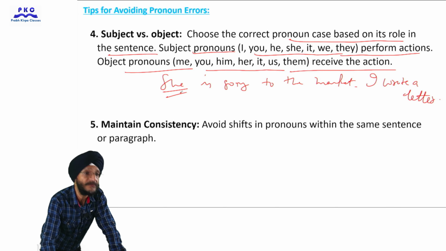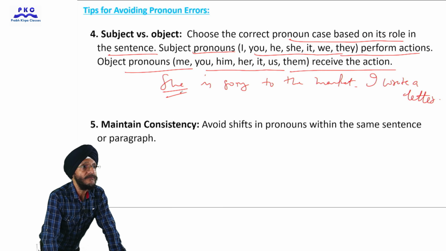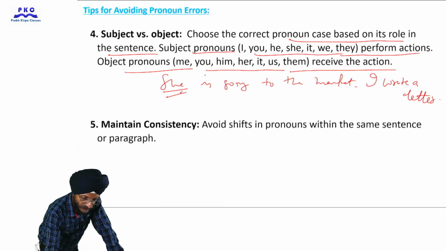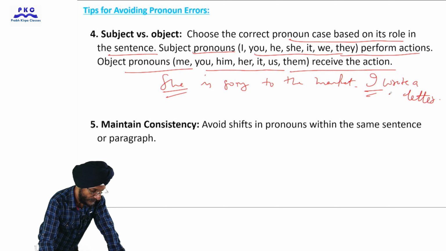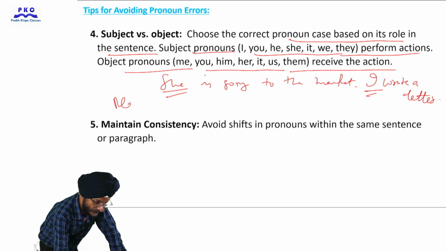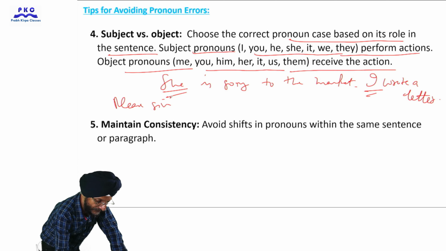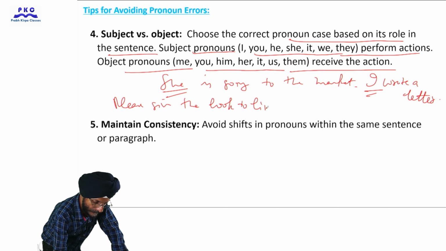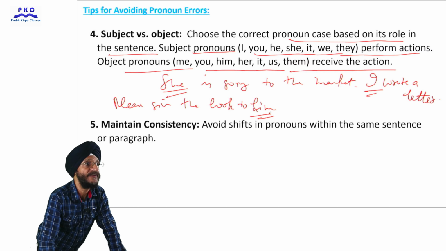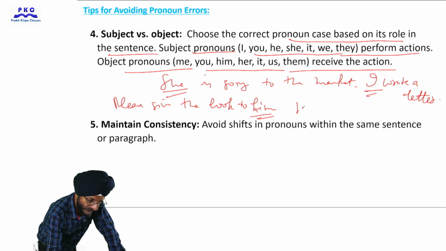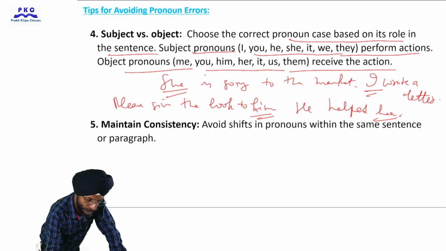So here it is subject, which is performing action. Here I is performing action. If we say please give the book to him, it is an object pronoun, it is receiving action. If we say he helped her, her is an object pronoun.